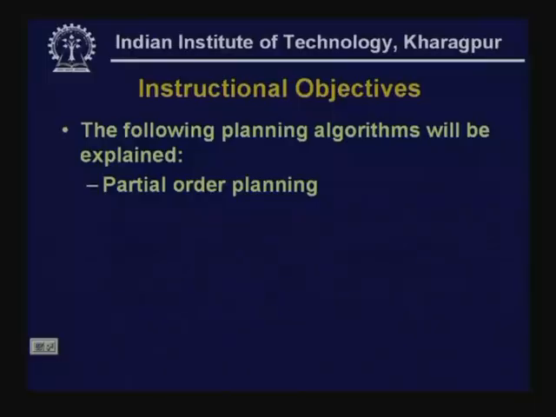So, we will represent the plan as actions and the ordering between the actions. In any intermediate stage, we will maintain consistent partial plans which may not be complete, and we will presently see the details of what I mean by this.